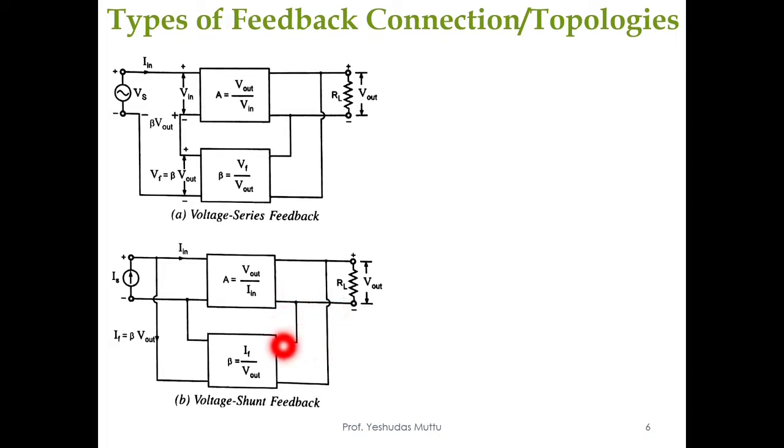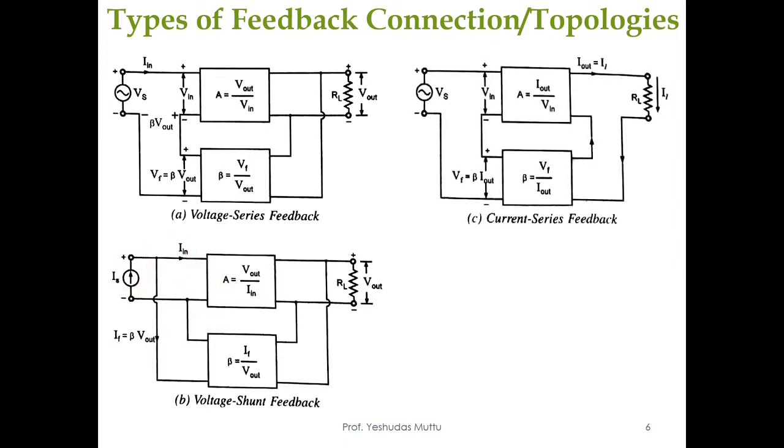So you have parallel over here. The second word is shunt, so look at the input side. The input source connected in shunt is the current source. That is the reason you have a current source over here, connected in shunt.